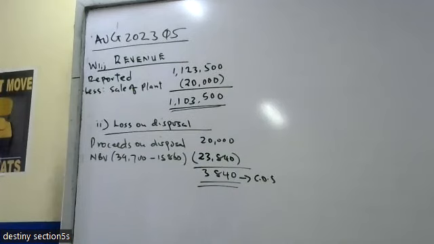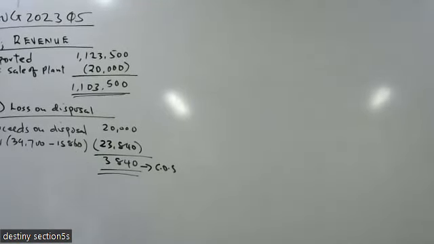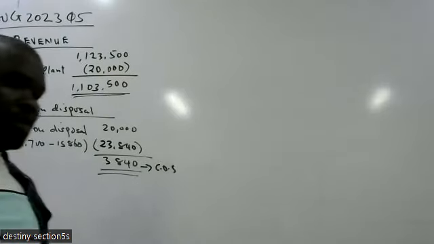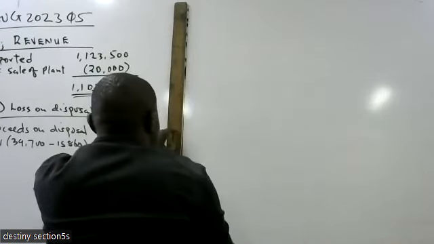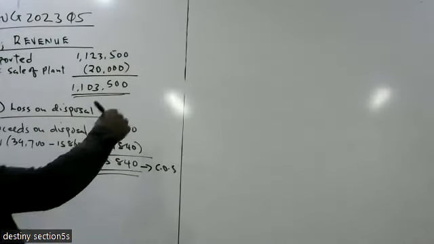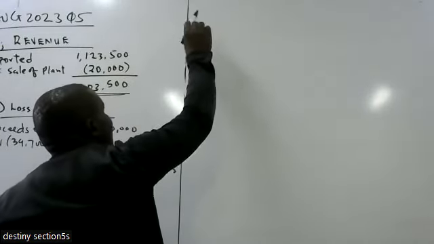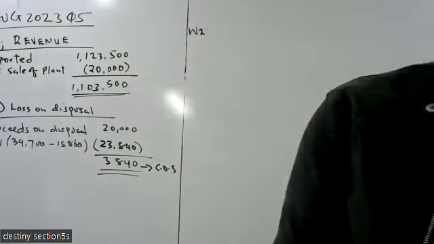So I want us to go to working number 2. For working 2, I want us to have cost of sales, selling and distribution, and administrative.